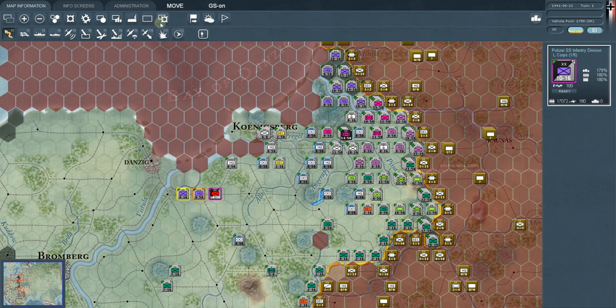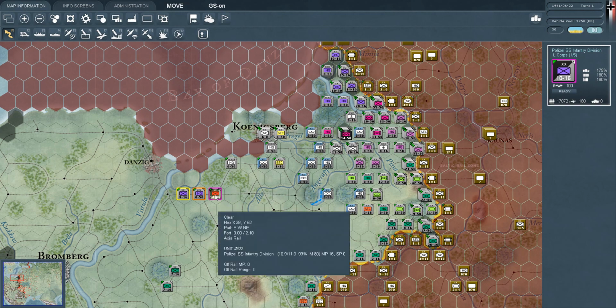I just wanted to talk about that, and I also wanted to talk about the fact that, and we'll get into this as we get to the back of these cards, every unit has a construction value. When a unit does not move, or even if it moves and has movement points left and does not move anymore, it will start digging in a hex.